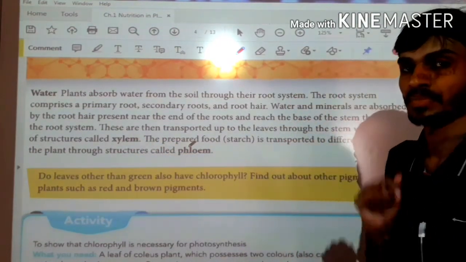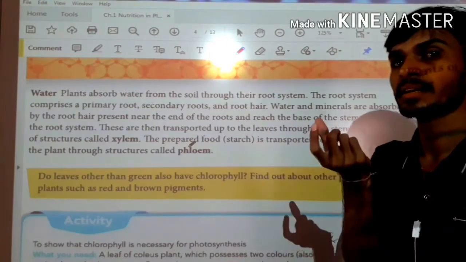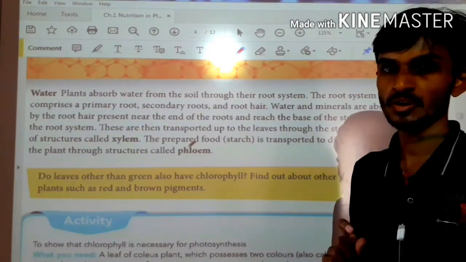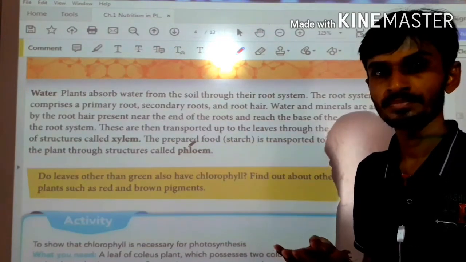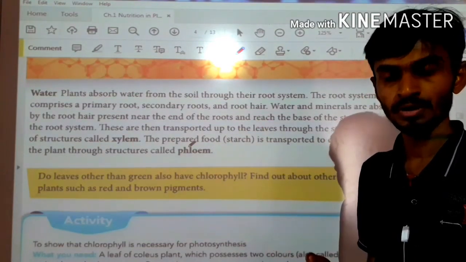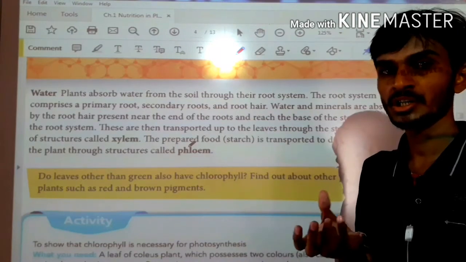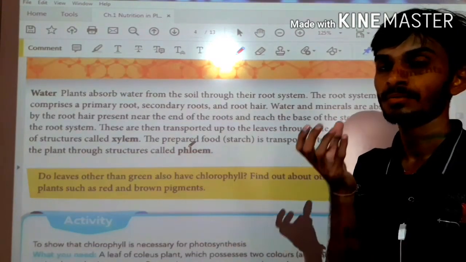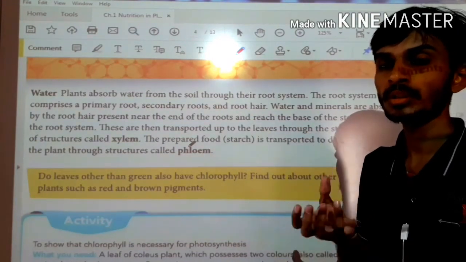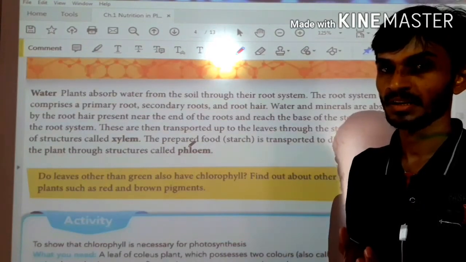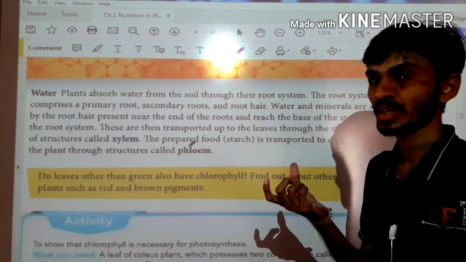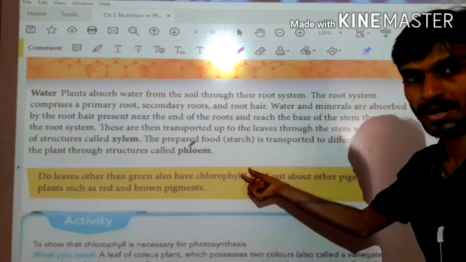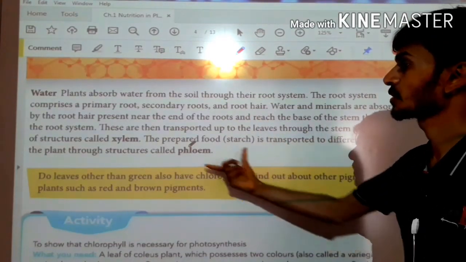In the same way, now what happens? In the green leaves there will be photosynthesis process in the presence of carbon dioxide, water, mineral, sunlight and chlorophyll. After the manufacturing of this food, the food needs to be transported to all the parts of the plant, right? So the structure required to transport this food from the leaves to all the parts of the plant is called as the phloem.